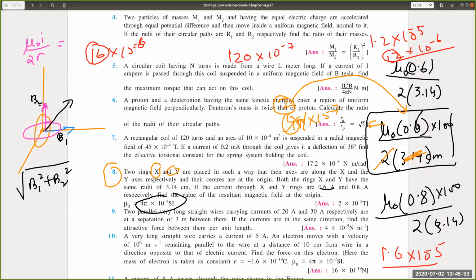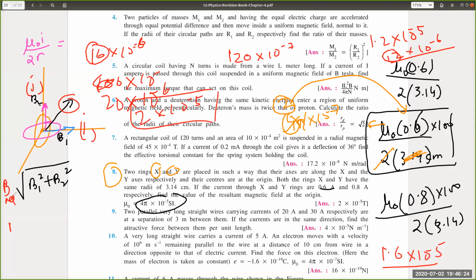Root of 400 into 10 power minus 12, so that's 20 into 10 power minus 6, which is 2 into 10 power minus 5. After you get the magnetic field due to both, one of them is along I cap and the other along J cap. So the magnitude of net B is equal to root of B1 square plus B2 square, right?